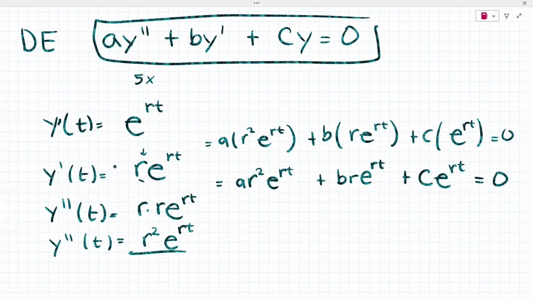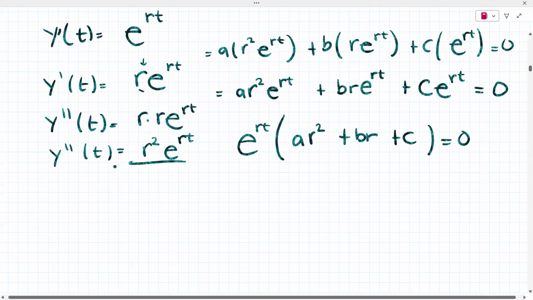So what can you do here? You can take out an e to the rt, and now you're left with ar squared plus br plus c equals 0.